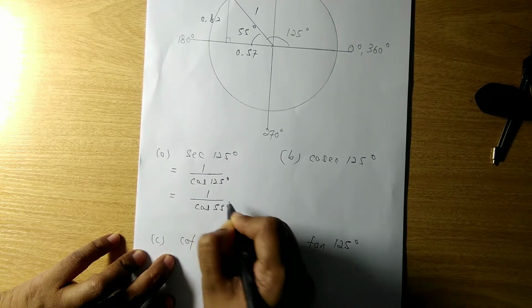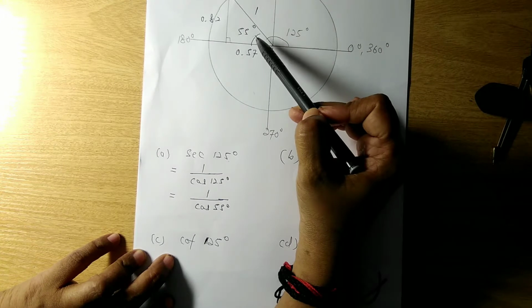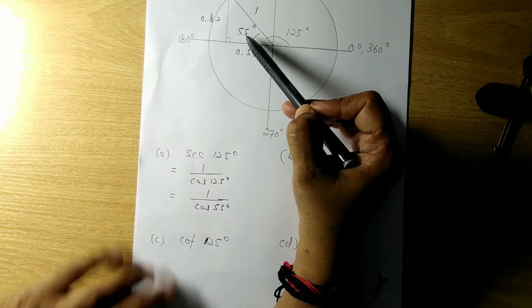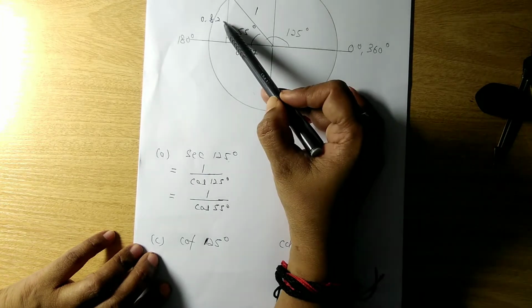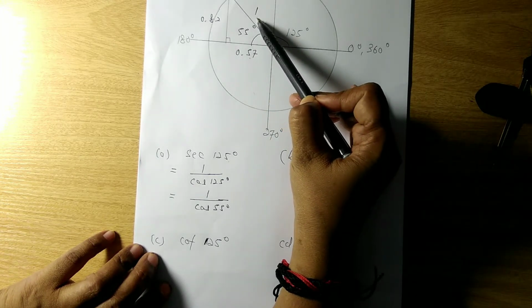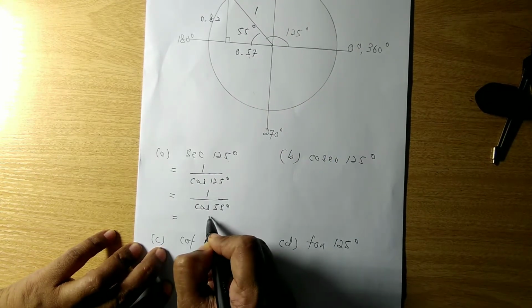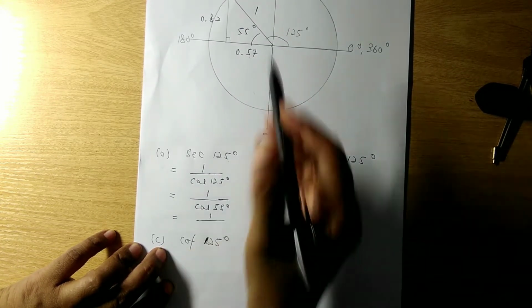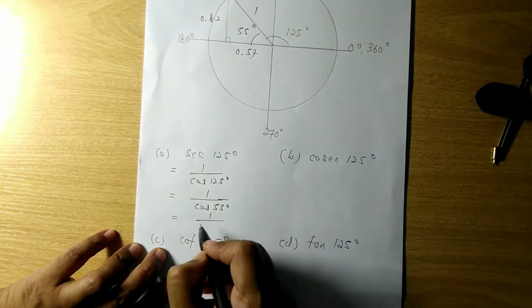Cos of 55, your angle is here. So cos is adjacent over hypotenuse, so this is 0.57 over 1. So make it 0.57.